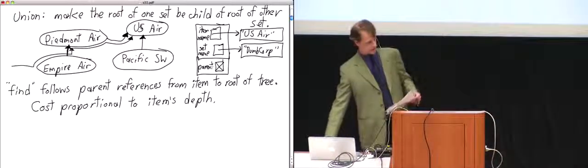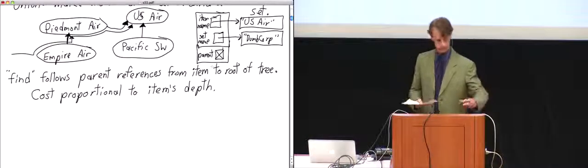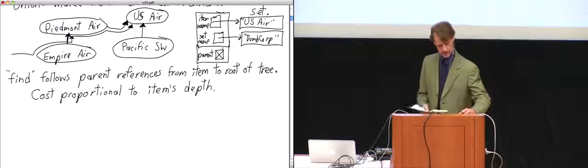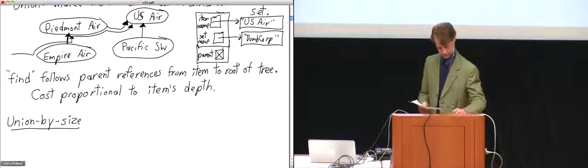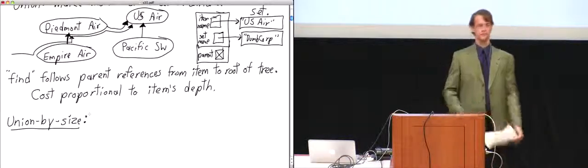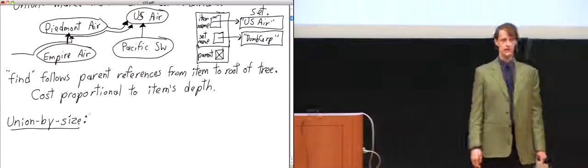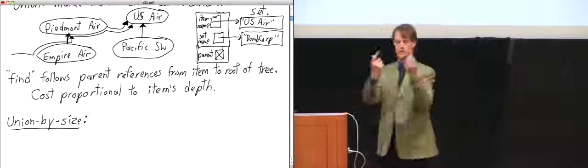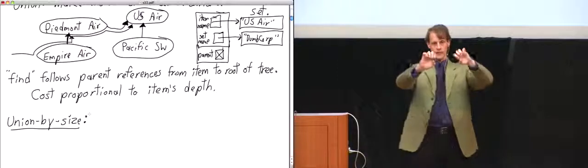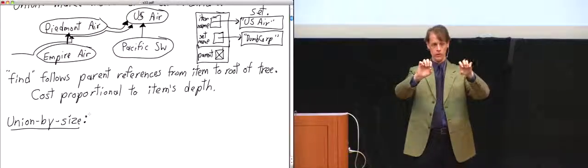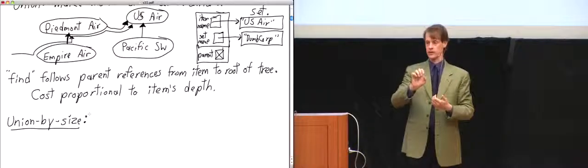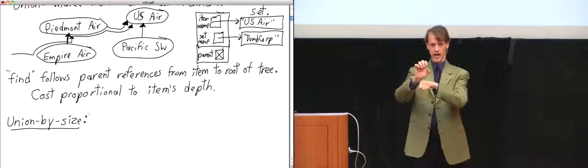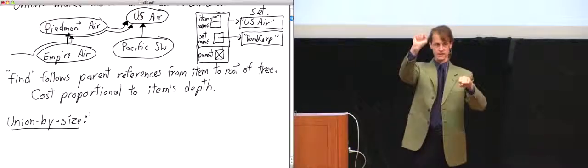So let me start with the first one. The first optimization is called union by size. The observation here is that when I have 2 sets and I make one of them have its root node become a child of the other one's root node, it doesn't really matter which one becomes the child set and which one stays the root node.